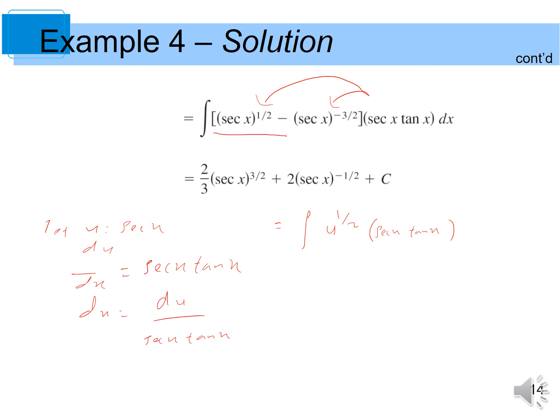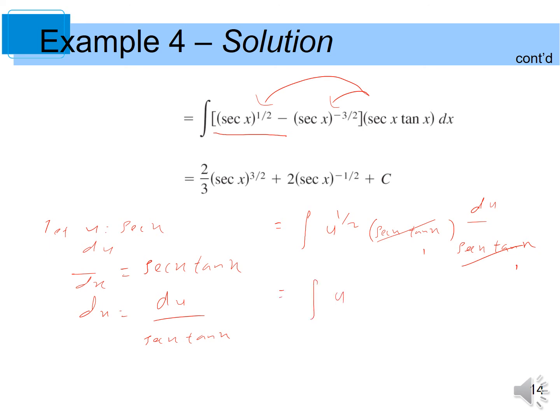So for the first term, we have u power to the half times secant x tangent x, with respect to x, where dx is equal to du over secant x tangent x.